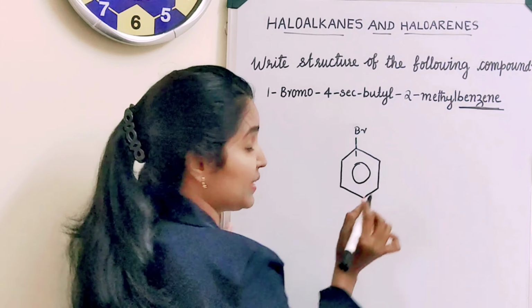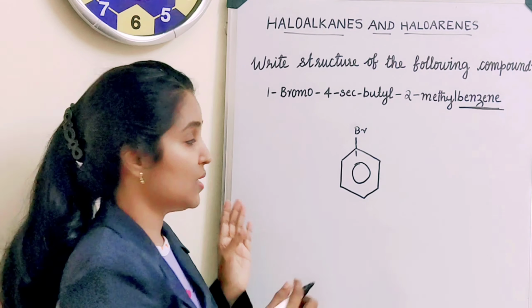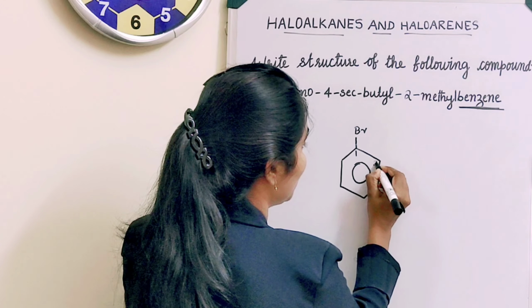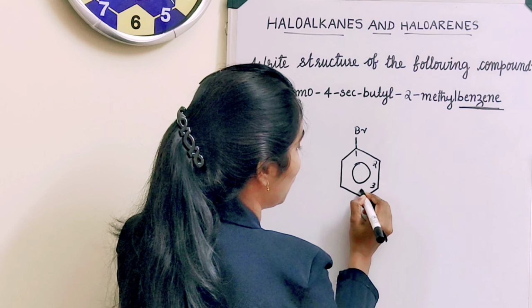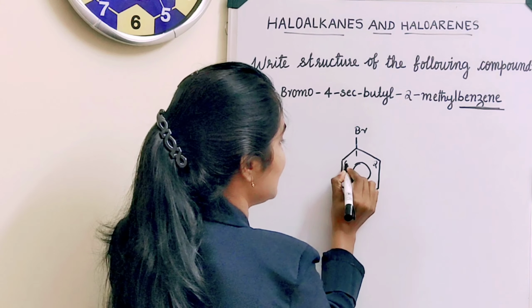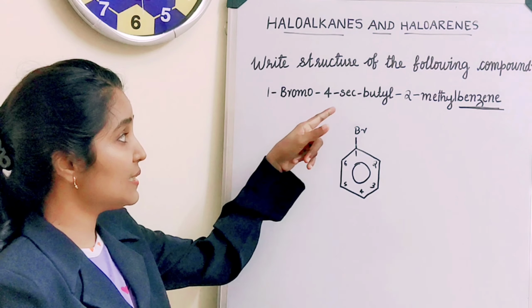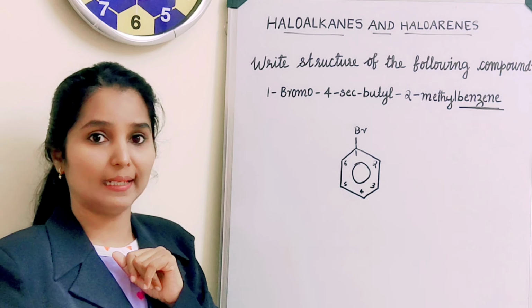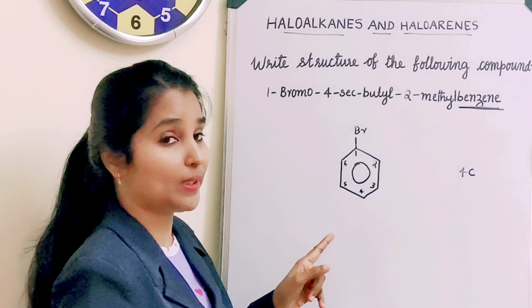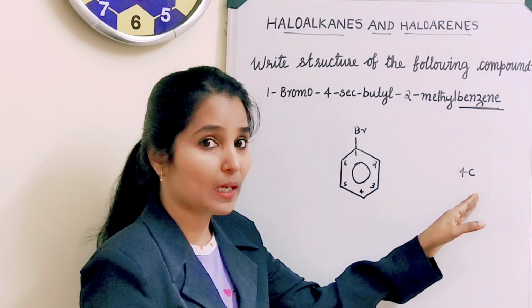Now we have decided this carbon as 1, so we can have 1, 2, 3, 4, 5 and 6. Okay, this is the numbering. Now let's see 4 sec-butyl. Butyl means we have a small chain containing 4 carbon atoms, and sec-butyl among those 4 carbon atoms.